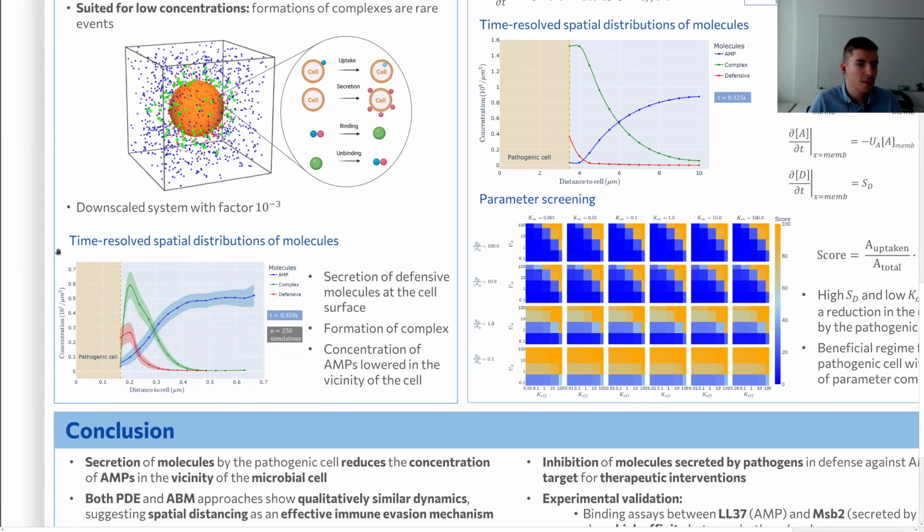When we look at the time-resolved spatial distributions of the molecules, we can see similar dynamics as in the PDE model. We have first in red the secretion of the defensive molecule on the cell surface, and then the formation of the complex in green, and this results in a lower concentration of antimicrobial peptide in the vicinity of the pathogenic cell.